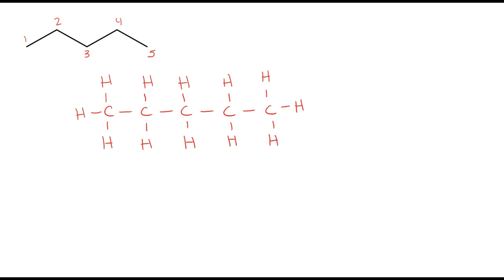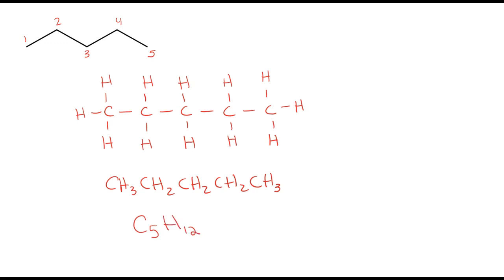In addition, we could write a structural formula of this molecule as being CH3, CH2, CH2, CH2, CH3. This can be simplified as well into its molecular formula of C5H12.